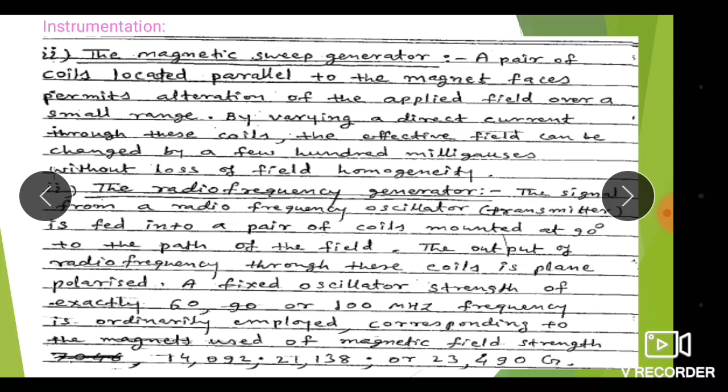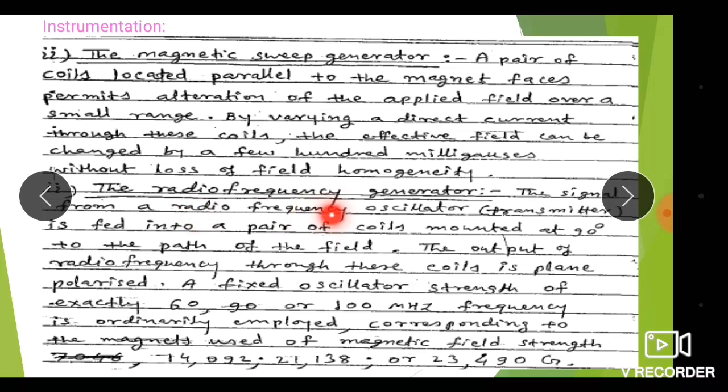The second part is the magnetic sweep generator. A pair of coils located parallel to the magnet faces permits the alteration of the applied field over a small range. So what is this magnetic sweep generator used for?